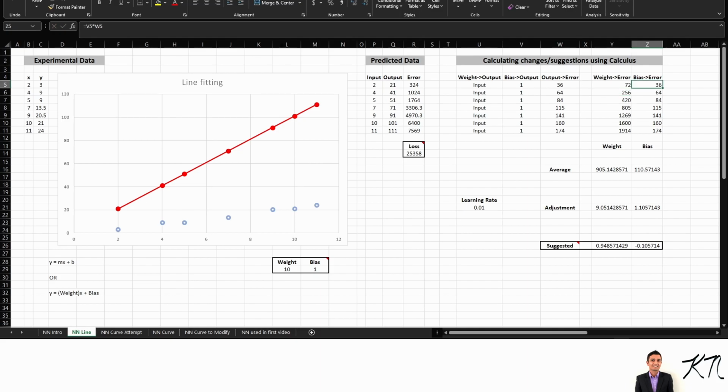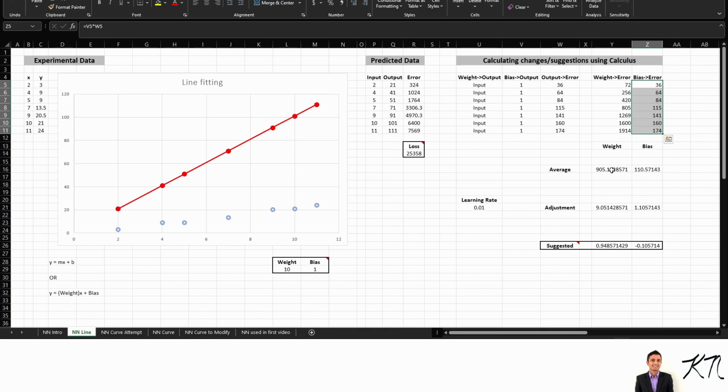And the same thing with bias. You have to multiply this value and this value to get how bias affects error. So what we have now is the effect of changing weight on error and the effect of changing bias on error. We get the average of all of these values.